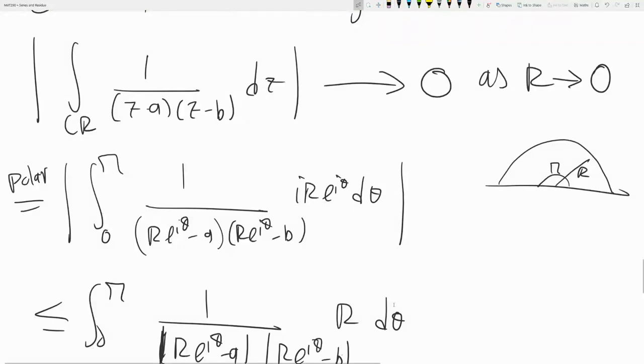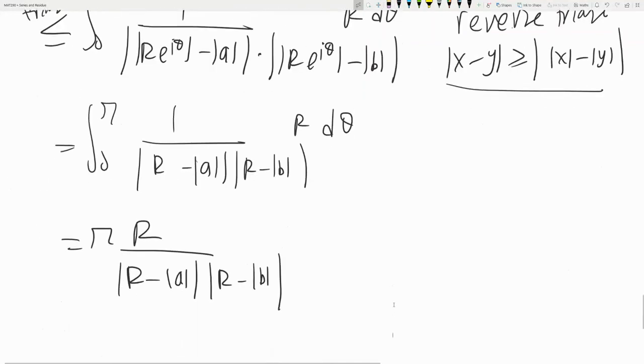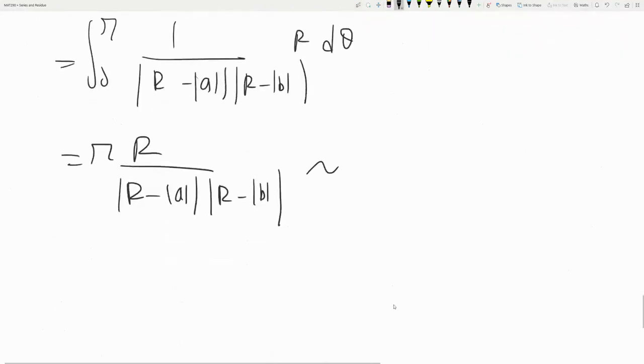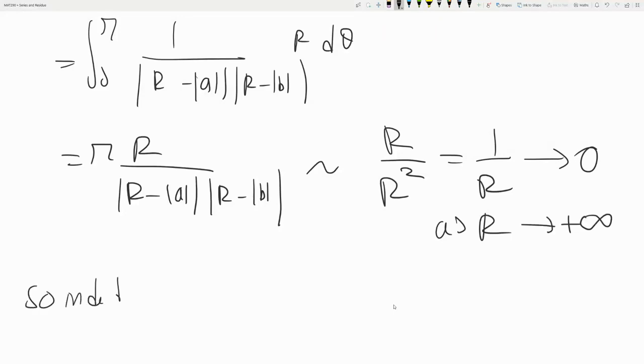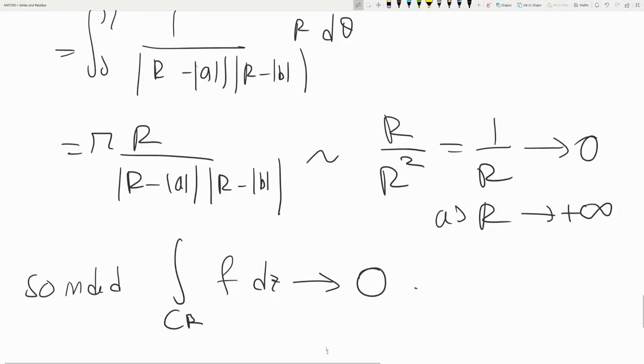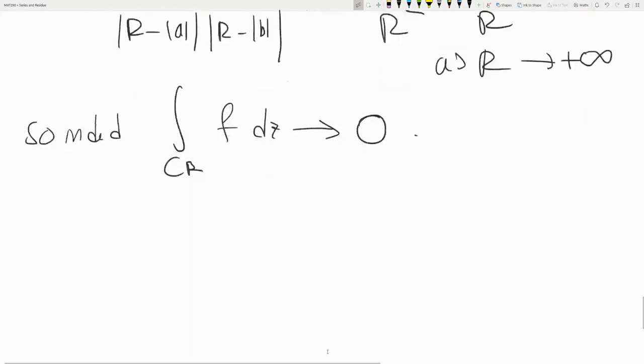And indeed, this behaves like R over R squared, 1 over R, which goes to 0. So indeed, the C_R integral of f goes to 0. Okay, good. So that's the first step.